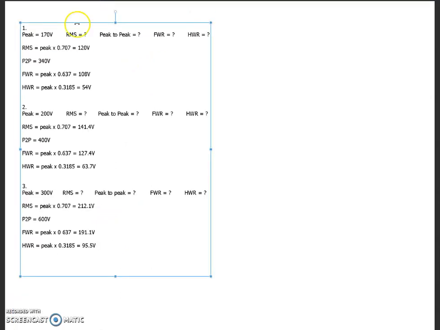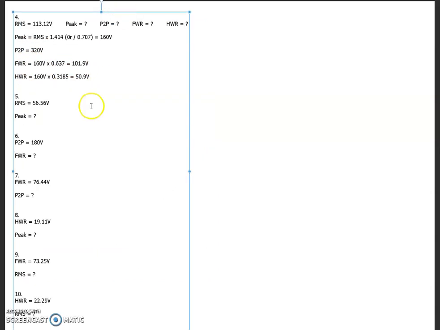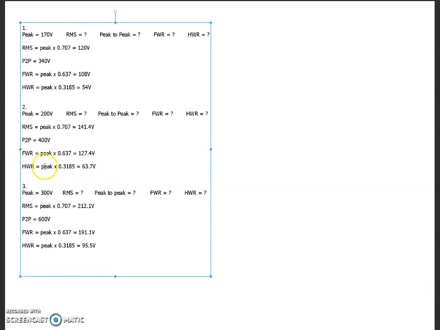Again, nothing too complicated as far as concept is concerned. You just have to understand what's going on within these calculations, how to get in and out. We're just operating in some of these questions in reverse. For example, I give you the half wave rectified. If this is already half wave rectified, we take the ratio of 63.7 to 0.3185.